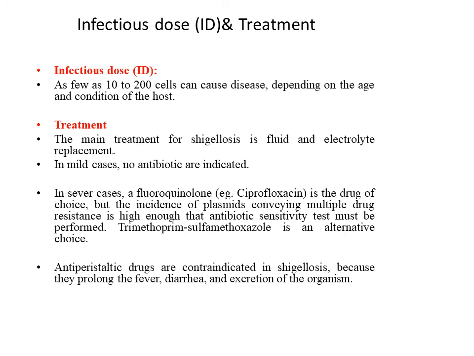But the incidence of plasmids conveying multiple drug resistance is high enough that an antibiotic sensitivity test must be performed. Trimethoprim-sulfamethoxazole is an alternative choice. Antiperistaltic drugs are contraindicated in shigellosis because they prolong the fever, diarrhea, and excretion of the organism.